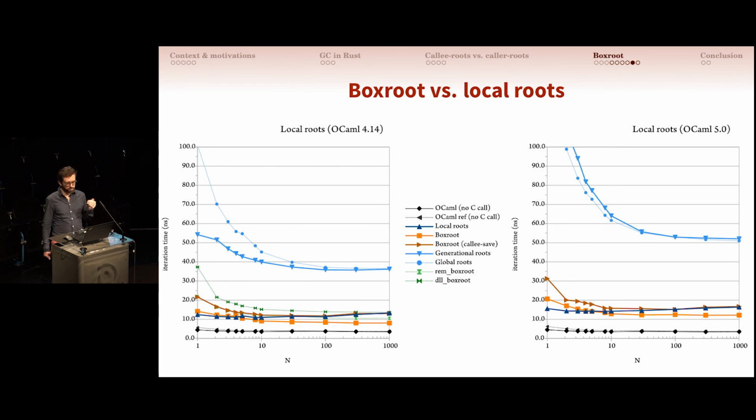At the top, it's using generational roots, so it's very slow. The second from the bottom is Boxroot using the caller-roots protocol. The blue line below, which is a bit above, is the local roots. So using the caller-roots protocol, we can go faster than the local roots of OCaml. If we do it naively, we get around the same performance as local roots.